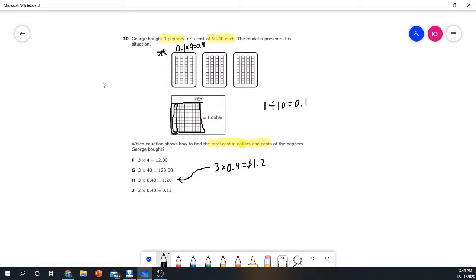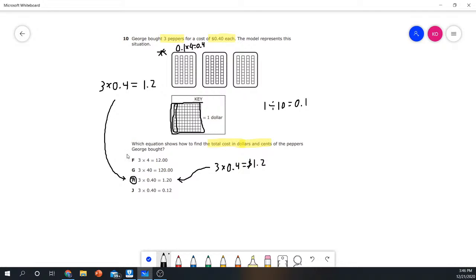So what we would have to do is multiply the 3 boxes times the $0.4, and that would get us $1.2, which also matches H right here.